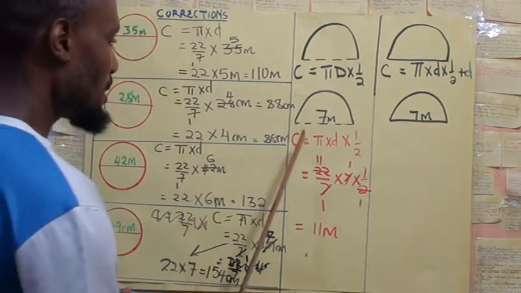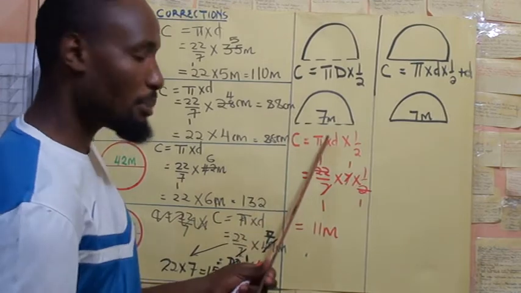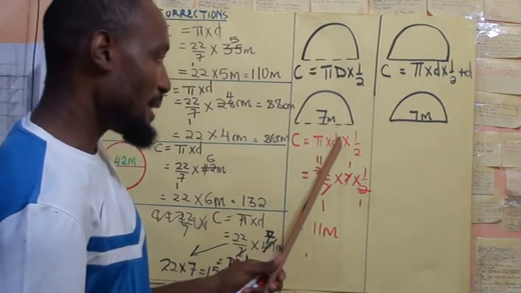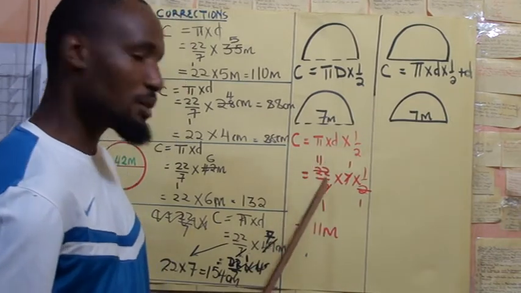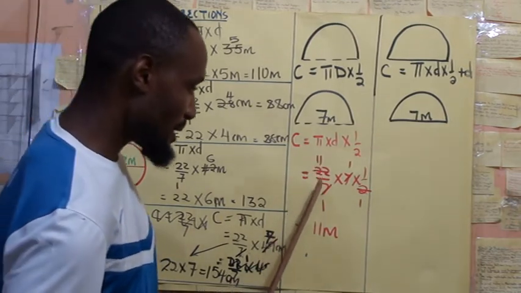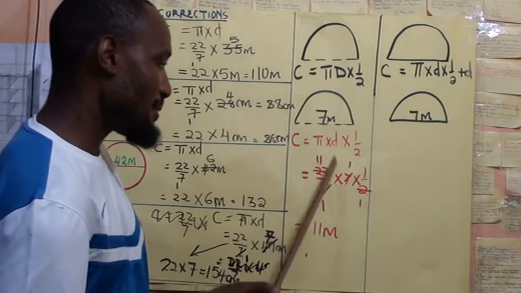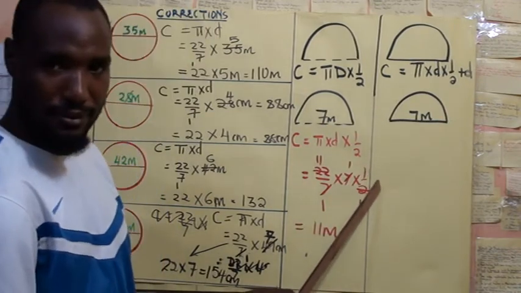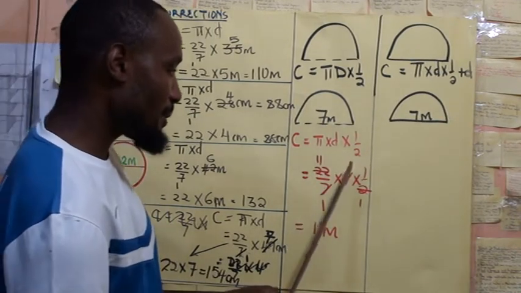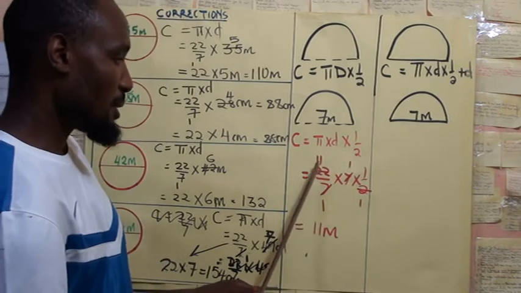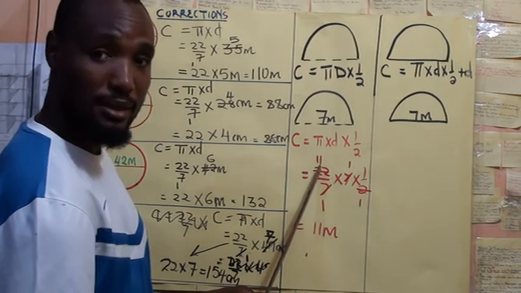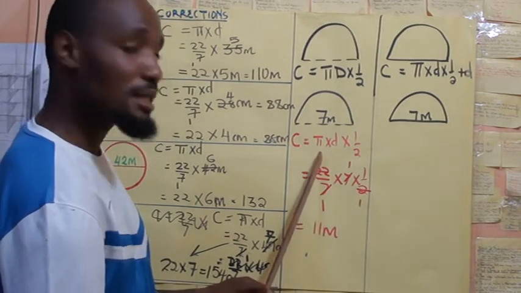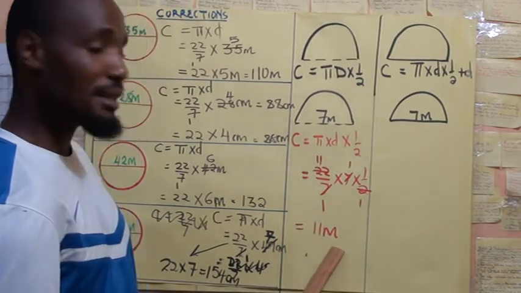I've said circumference is equals to pi times diameter times a half. Now our pi is 22 over 7 times diameter, which is 7, times a half. Now 7 can simplify 7, that's 1, 1. We remain with 22 and a half. But now 2 can also simplify 22, which is 11. That is now 11 meters.